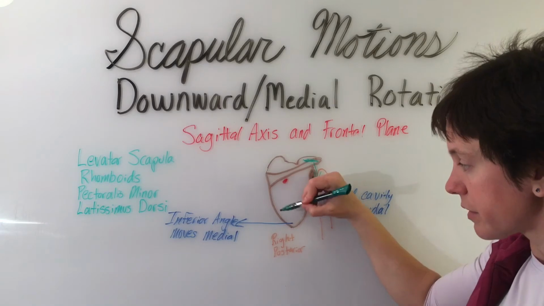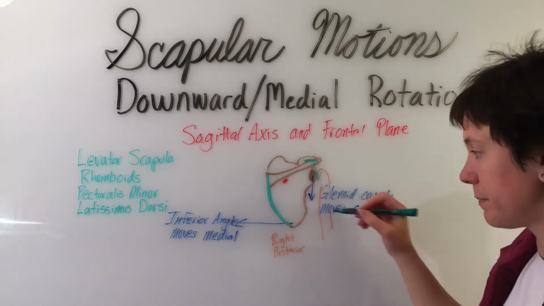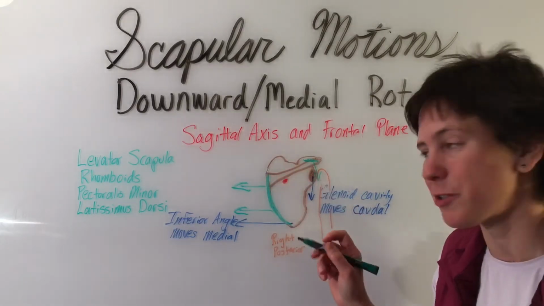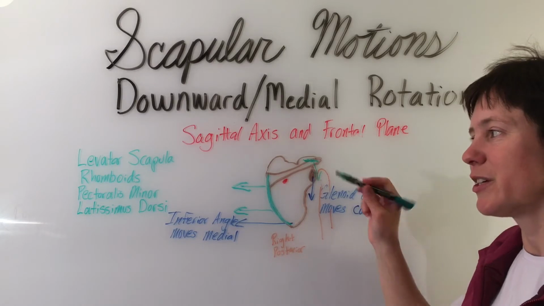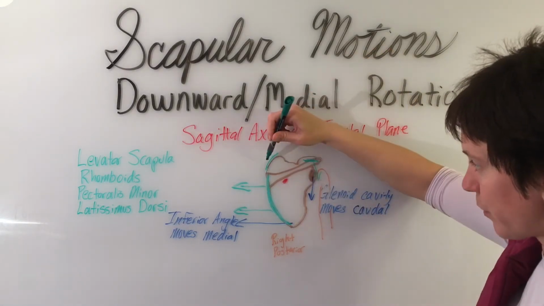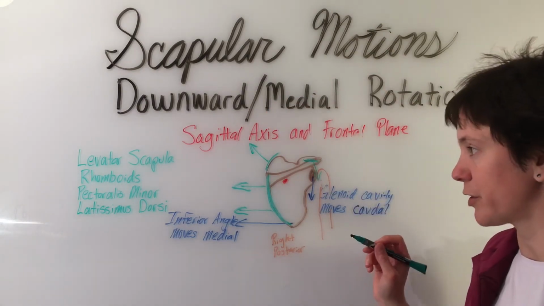The rhomboids are along the medial aspect of the scapula, will help pull in the medial direction. The levator scapula is along here and will help pull in a medial and superior direction.